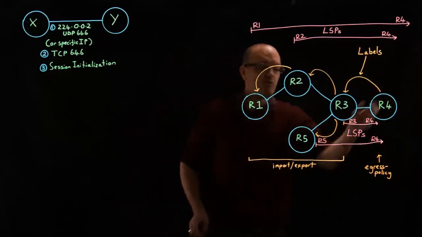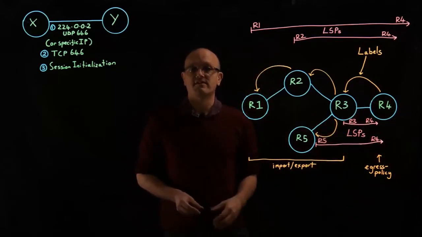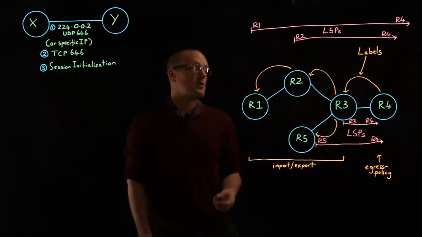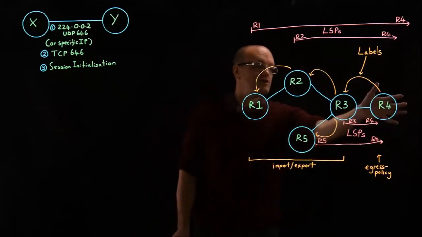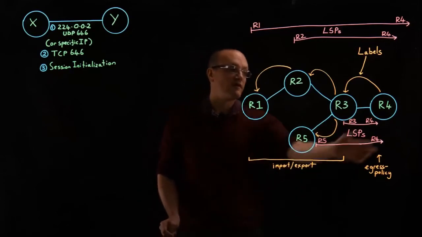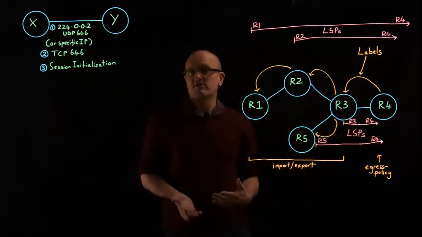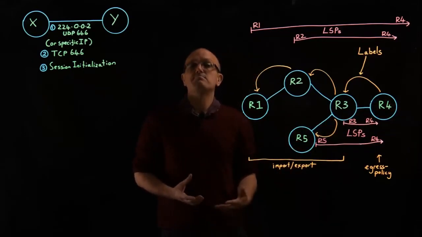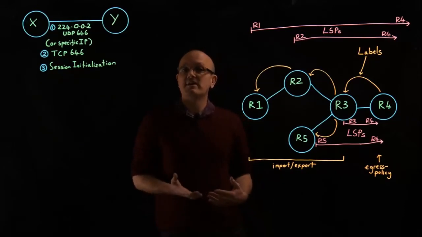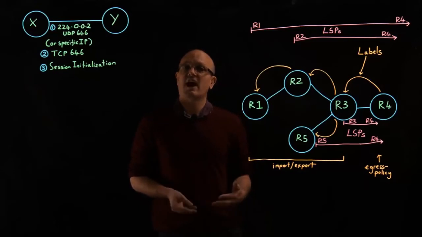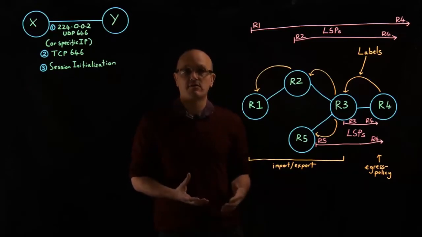With Juniper routers by default, with LDP, we are only going to be advertising a label value for the loopback IP address of our routers. This is because we're going to be having BGP sessions associated with those loopbacks. So we're going to be doing our next hop resolution for routes carried in BGP against our loopbacks.